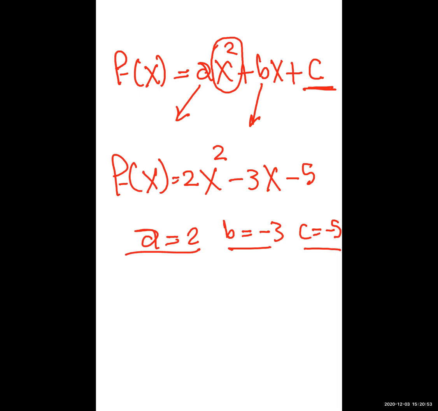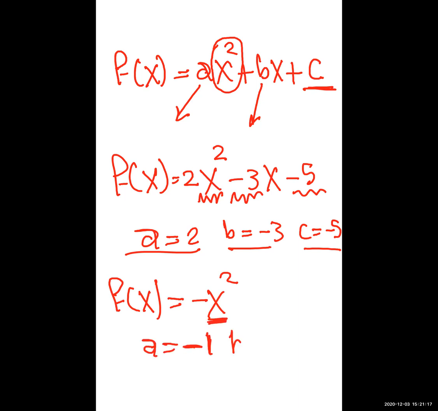Okay, a is the coefficient of x squared, so 2. b is the coefficient of x, -3. And c is the numerical value, which is -5. So if it becomes like this, f of x equals -x squared only, this means a is the coefficient of x squared, which is -1. b equals 0, c equals 0, right?